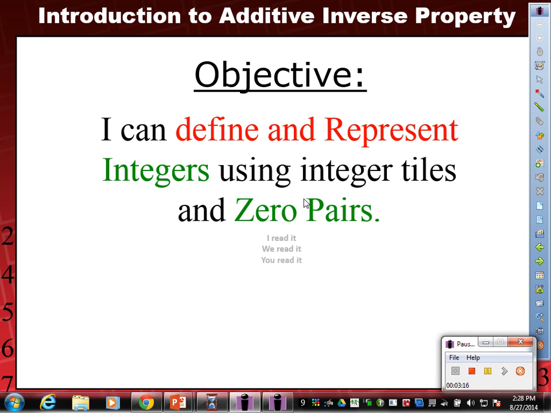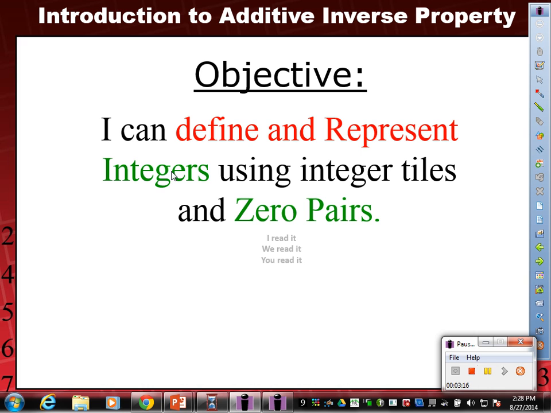So now, who notices once again that I have different colors for the objective? There's 2 basic colors that I'm going to be using throughout, red and green. The black is to explain the objective, but what is the main theme for the day? It would always be in green. So what do you see in green?